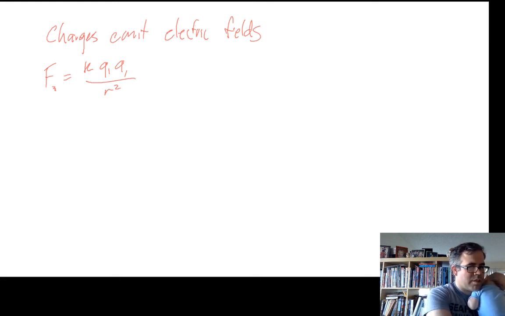So yeah, let's see, what are the big ones? Net force of an electric field. Oh, cool. So that's if we're talking point charges, the electric field.